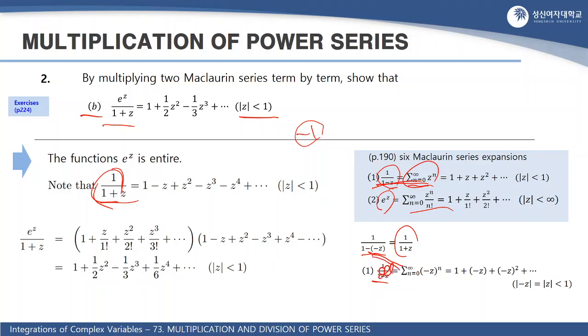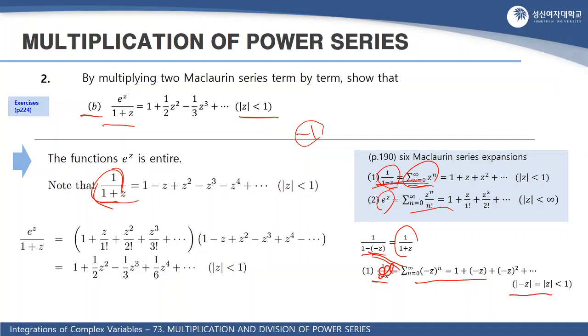Exactly the same, but with a different result, where the validity condition is the same as the Maclaurin series of the function 1 over 1 negative g, because modulus negative g is equal to modulus g here.